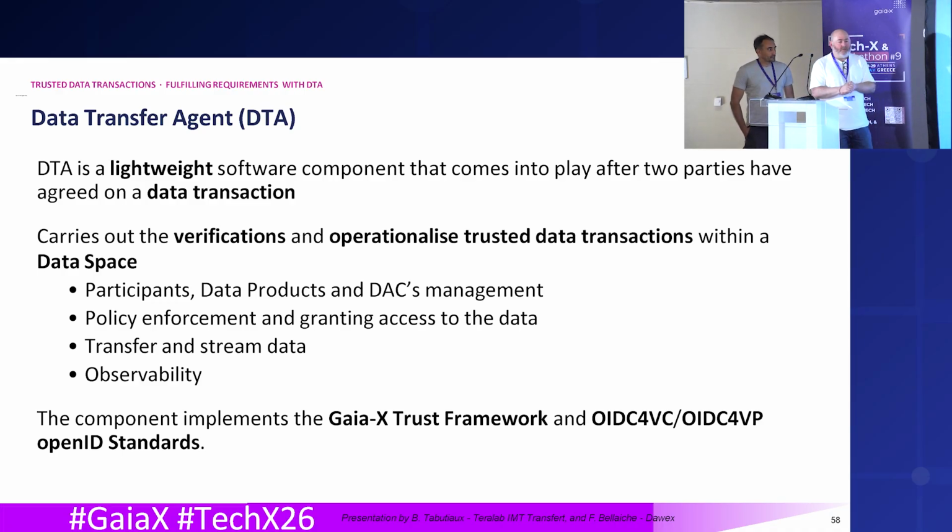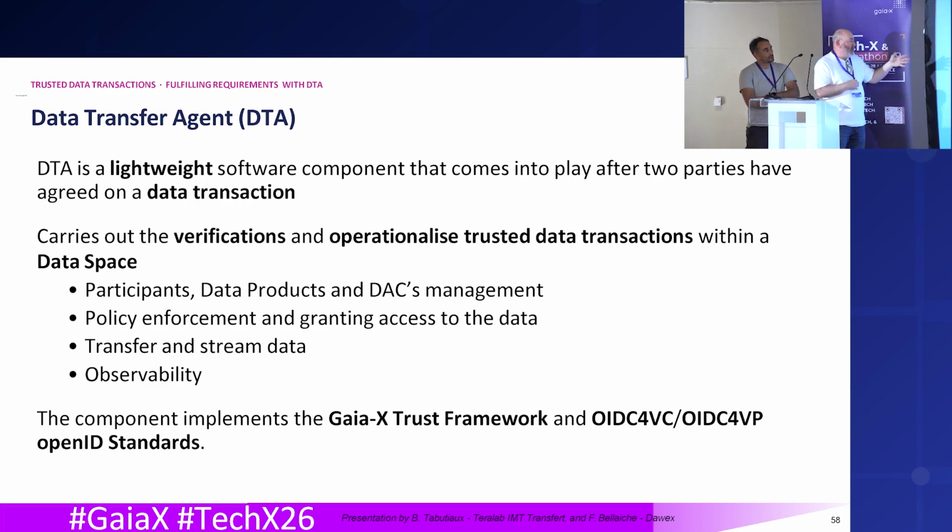This is lightweight software that comes into play when we want to manage a data transaction between two parties. It is light. We don't want to put everything and anything inside of it. It is focused on the data transaction, on the data transfer. There is no place inside of it for catalogs or negotiation. We think this is not the business of this kind of agent.